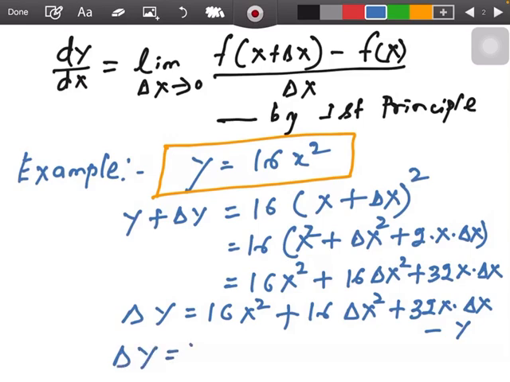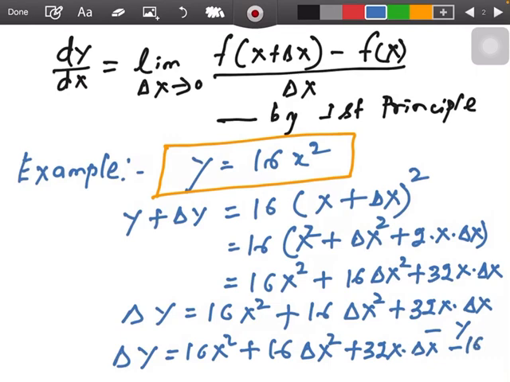In the next step, let us take the value of y. The value of y is 16x square, so in place of y we take 16x square. So plus 16x square minus 16x square cancelled.